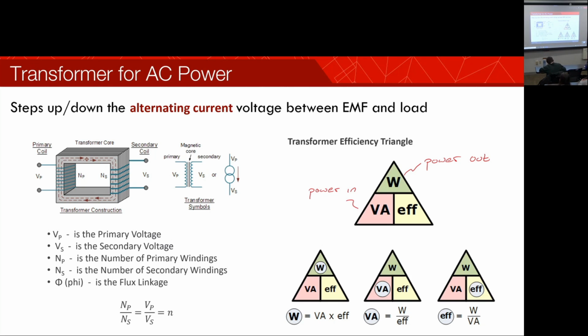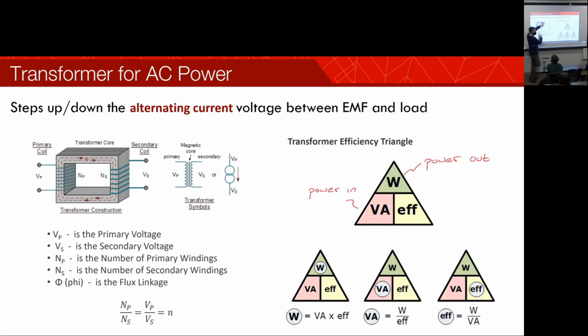So if our generator is producing a low voltage but a lot of power, so a lot of current, let's say that this is the low voltage side, the generator side, so low voltage, high current, and let's say that there are more turns over here, so now I have a higher voltage but the same amount of power flowing through, assuming that my efficiency is 100%.